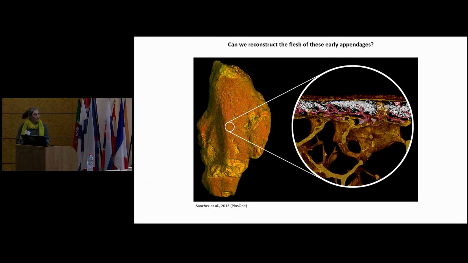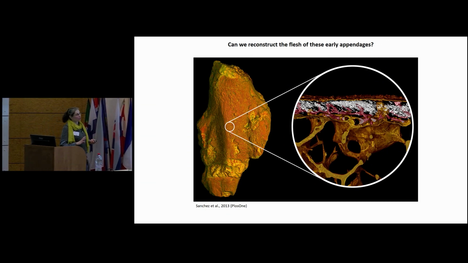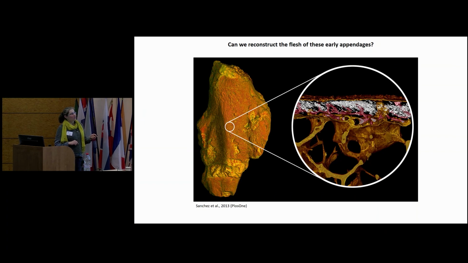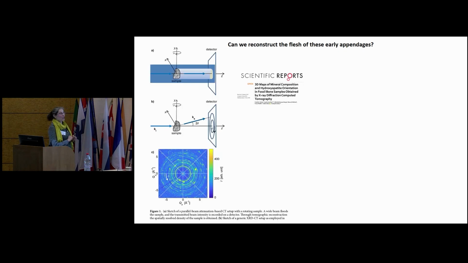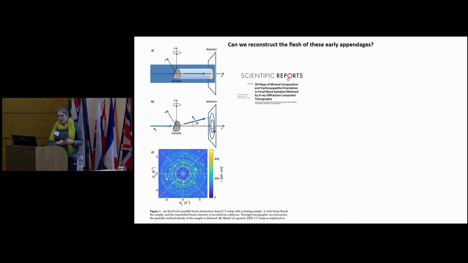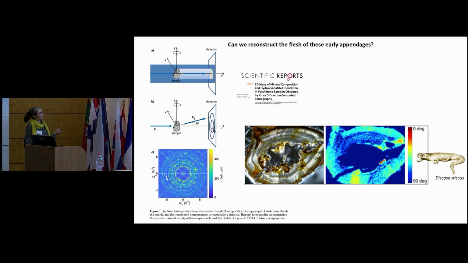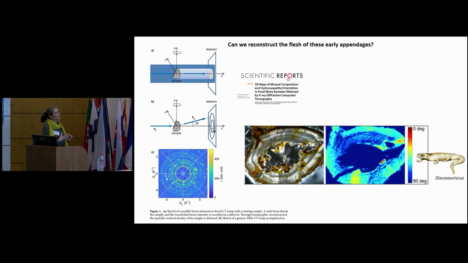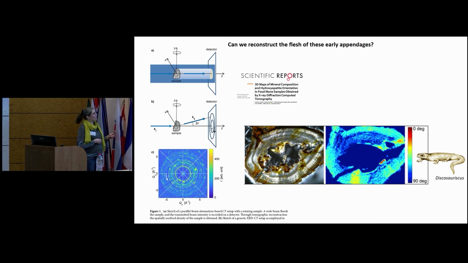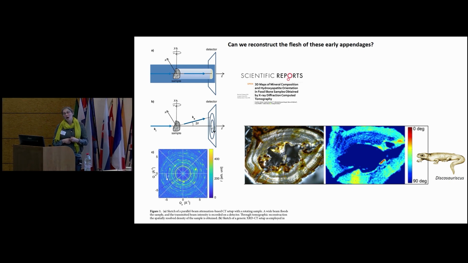If you have lots of students or lots of years in front of you, you could investigate them and segment them manually, all of them. But we don't have that. So we tried to develop another technique with some colleagues from ID15. The idea was to do X-ray diffraction tomography, to have a tomographic image of the bone, so a 3D image of the fossil bone, and to have the information of the crystals, their orientation.